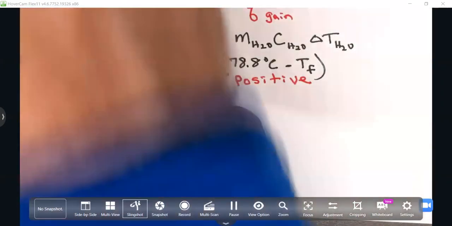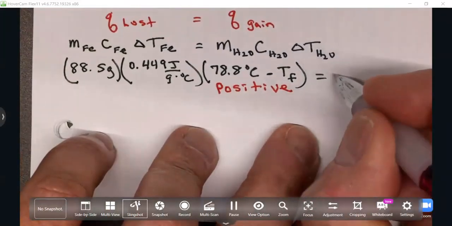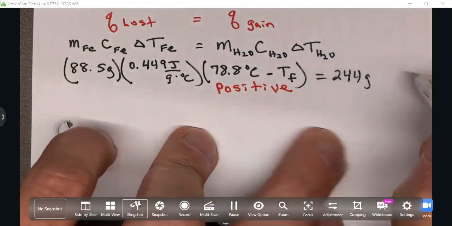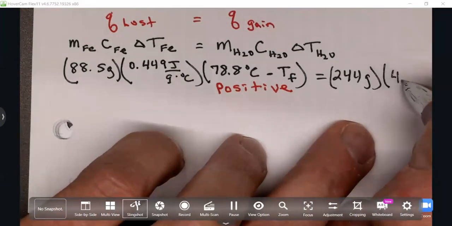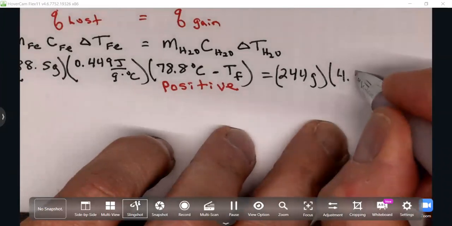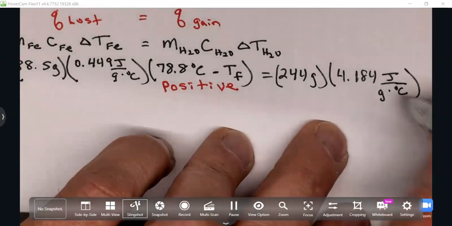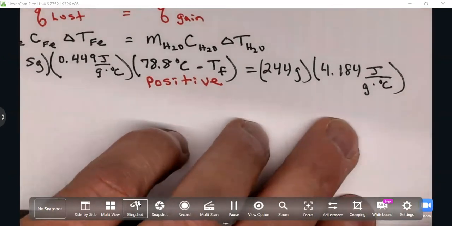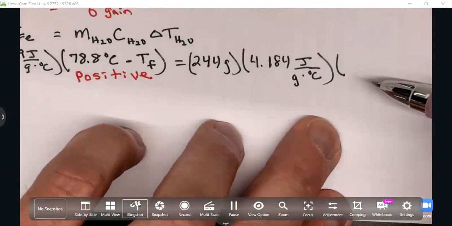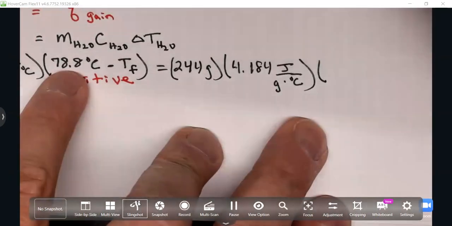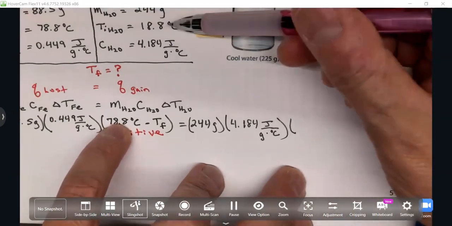Make this positive. So if we go to the other side, the mass of water is 244 grams. My specific heat of my water, 4.184. And then my temperature change here, if I make this positive, it starts out at 18.8.